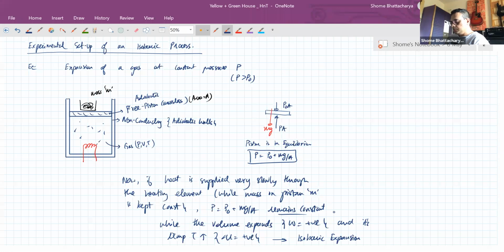So this laboratory process would achieve what is called a quasi-static or very, very slow isobaric process, where at each point in between, as the gas is going from an initial state to a final state, you're supplying heat very slowly, and as a result, this piston is moving up very slowly. So moving up very slowly means it's always almost in equilibrium.